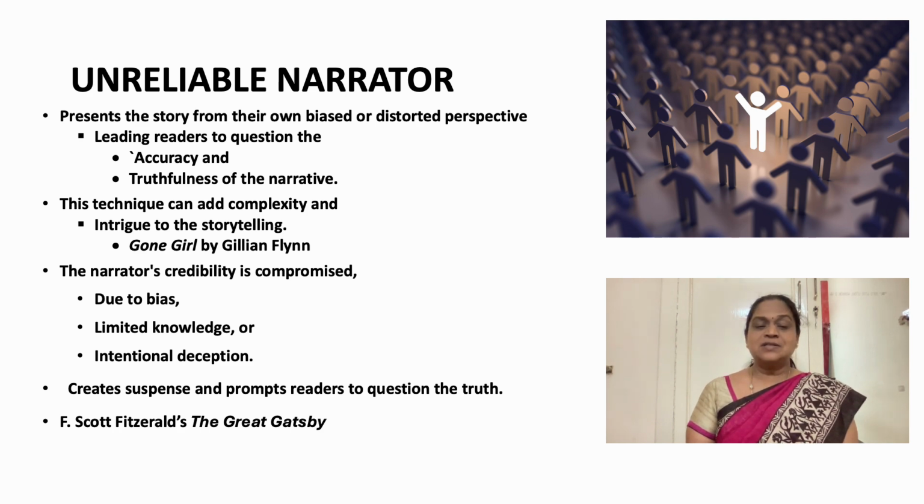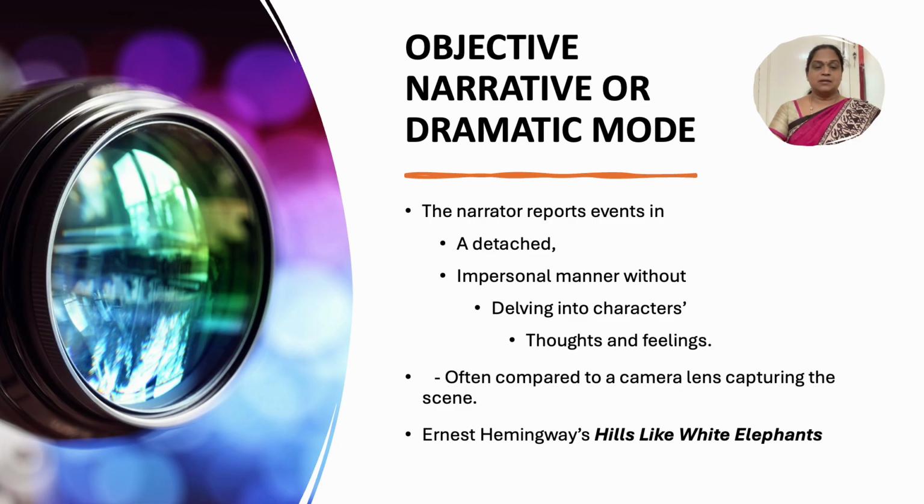The narrative's credibility is compromised due to bias, limited knowledge, or intentional deception, thereby creating suspense and prompting readers to question the truth. F. Scott Fitzgerald's The Great Gatsby would be a good example for it.